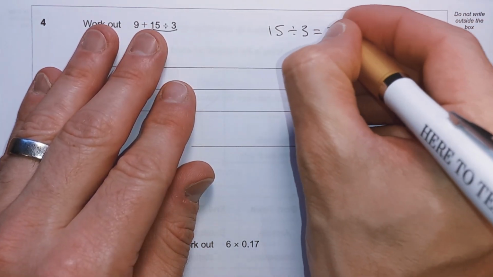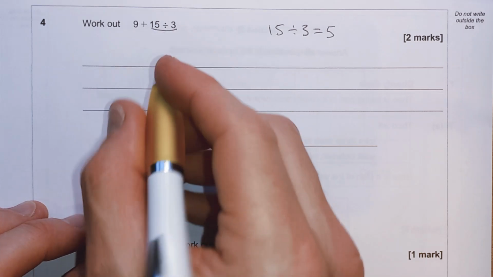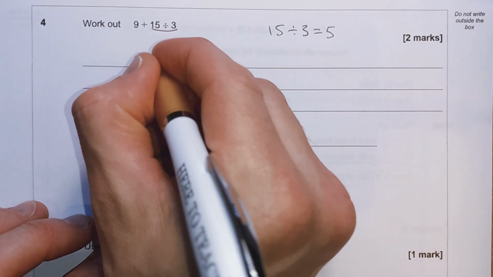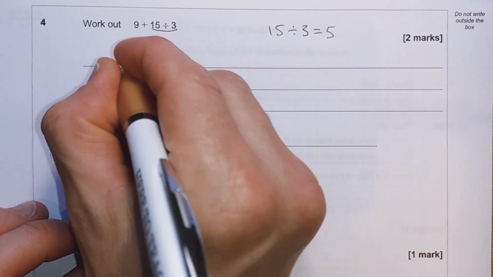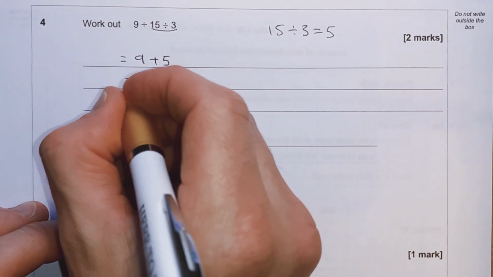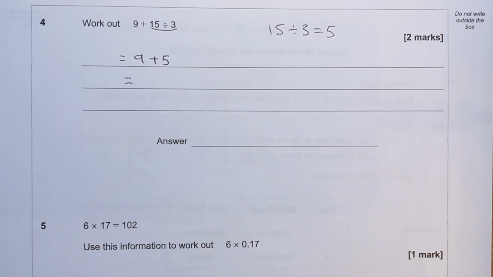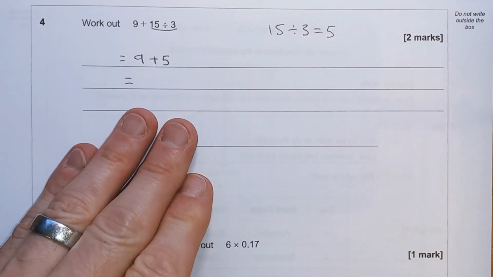So that's 5 times. So we can replace the 15 divided by 3 with a 5. So 9 plus 5. Now we just need to work out the total of this. We can start with the 9, count on 5: 10, 11, 12, 13, 14.